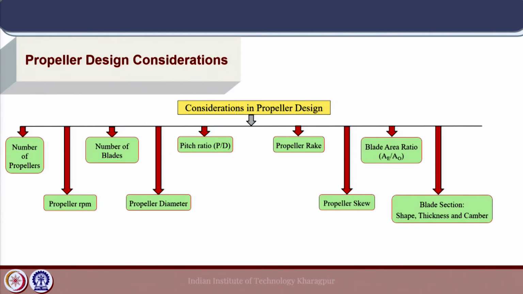So, blade section is a very important parameter for propeller blades. Now, if we use methodical series propeller design approach, then these blade sections are predefined by the series itself. So, in that case, this particular consideration is not available for the designer.